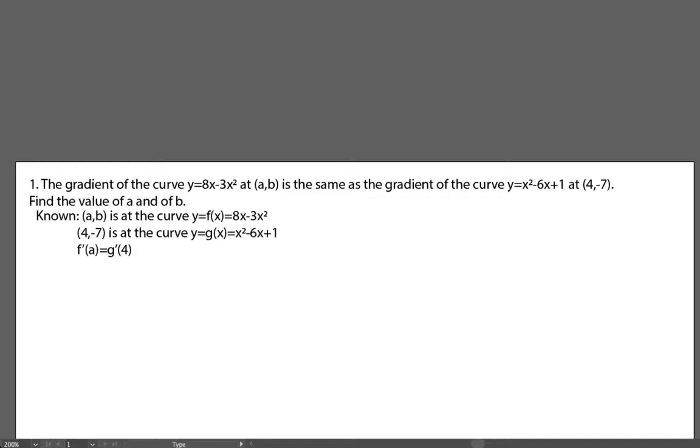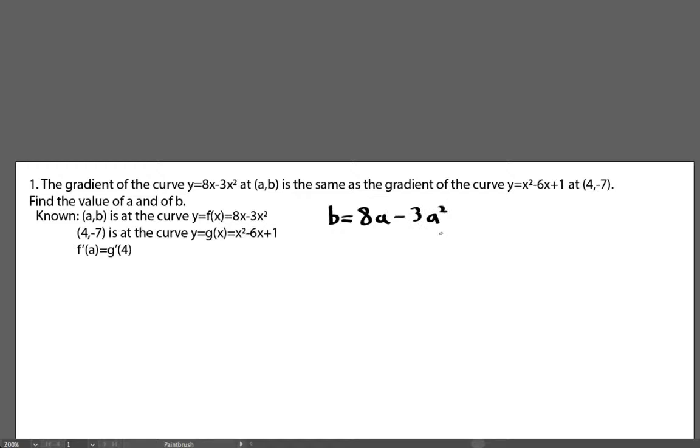First things first, let's start by doing some writing. We know that y equals 8x minus 3x squared. So when you substitute the point (a, b) into it, you'll get b equals 8a minus 3a squared.